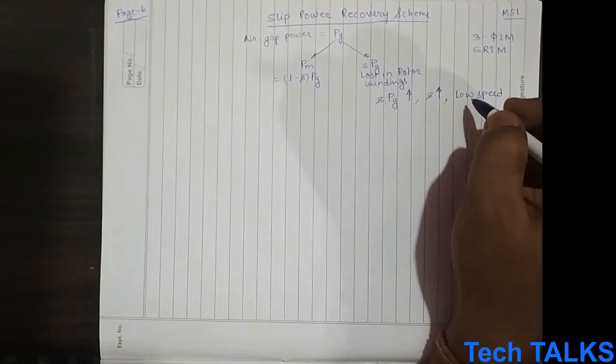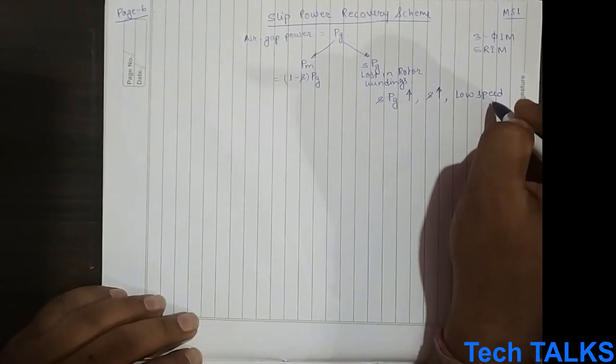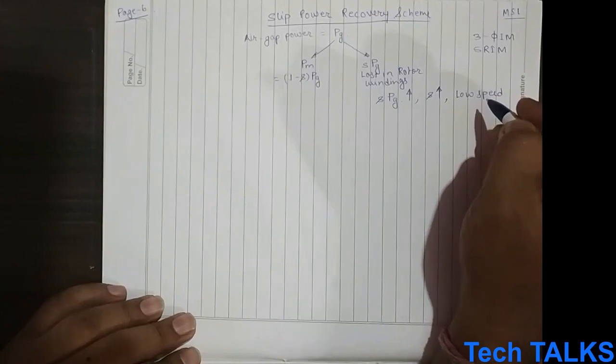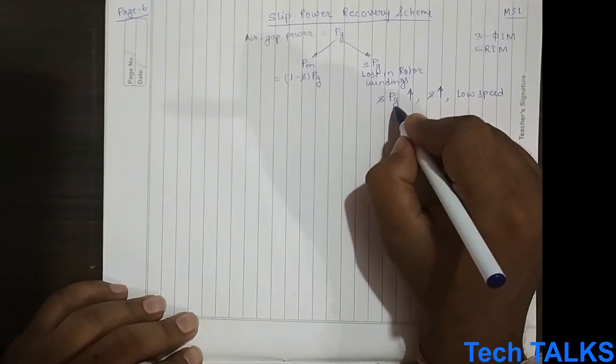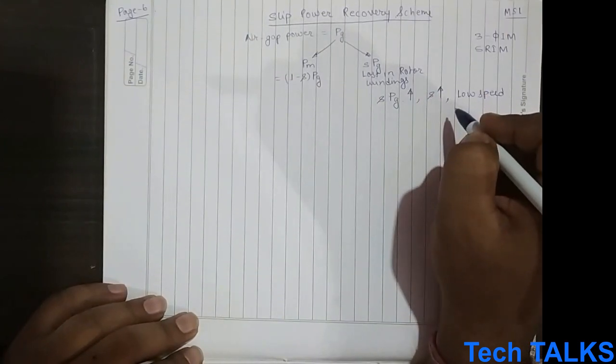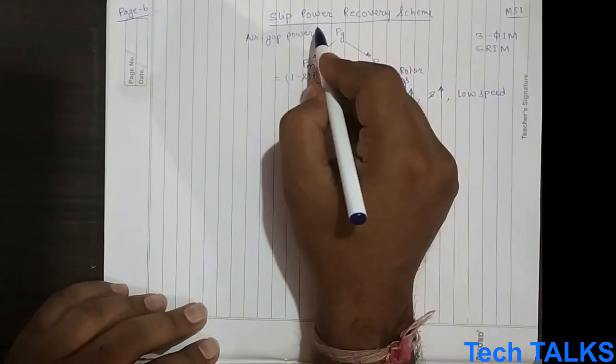So we will see ways so that we can feed this power back to the grid, so that we can feed this SPG power back to the grid. So that is the slip power recovery.